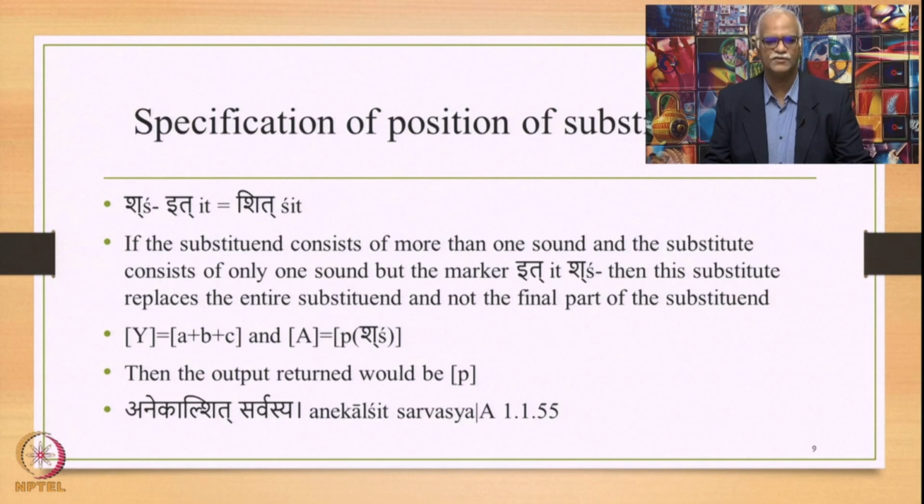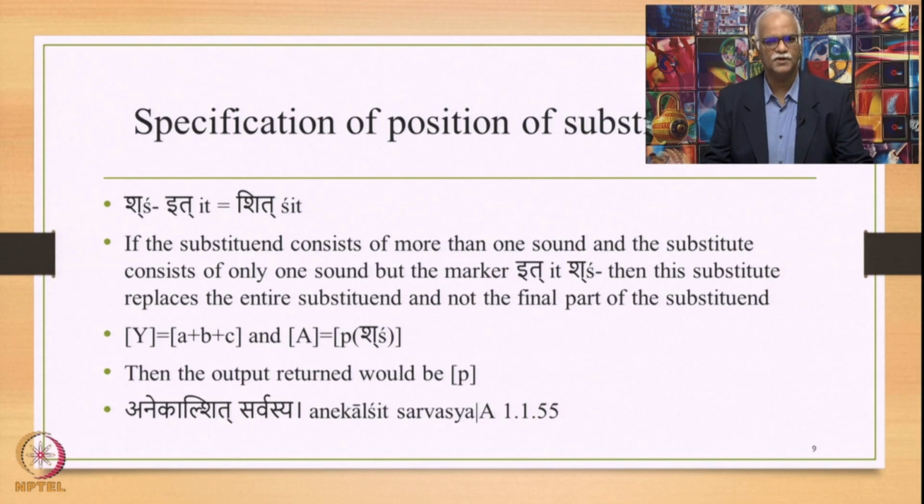So now if the substitute is shit, then what happens? If the substituent consists of more than one sound and the substitute consists of only one sound, as we have seen earlier, but the marker, that is it, sh, is added to it, then this substitute replaces the entire substituent and not the final part of the substituent.